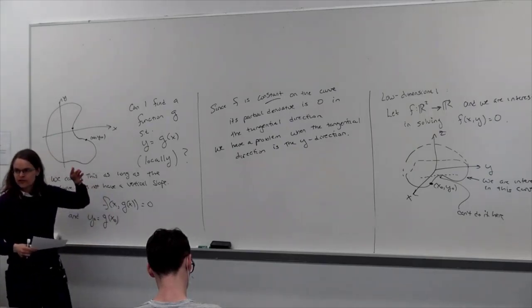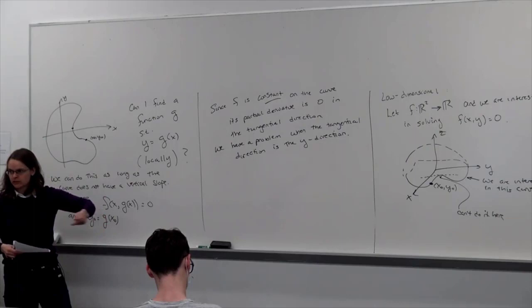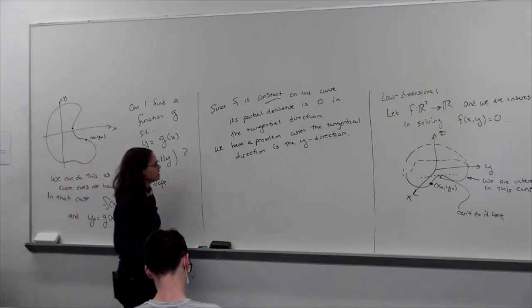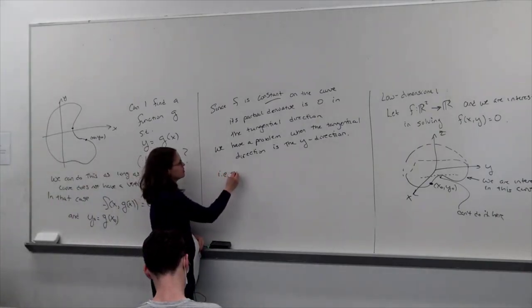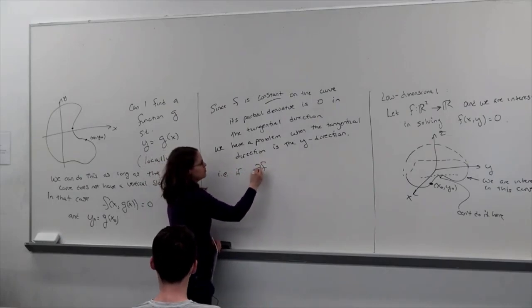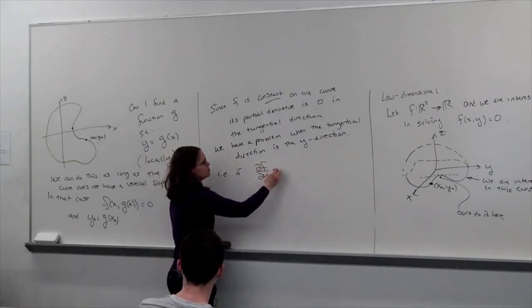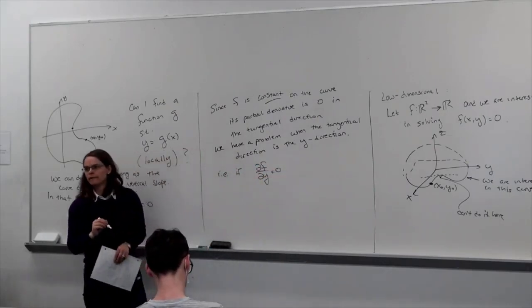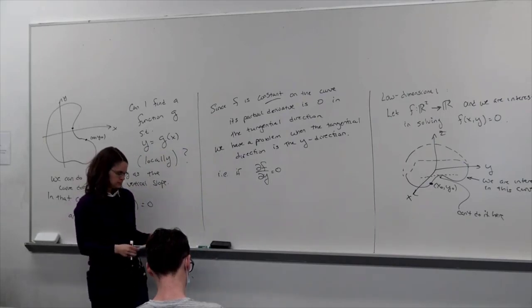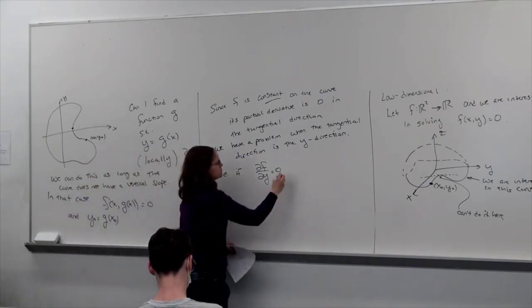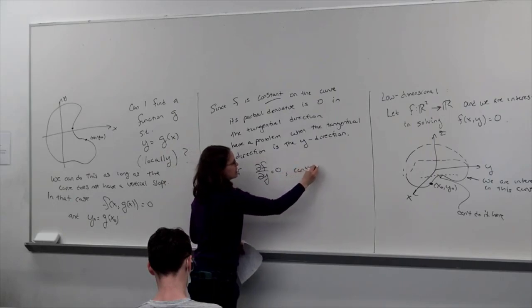It means that if I travel in the y direction, my function is constant locally. So another way of saying that is if df by dy is 0, we're in trouble. Then we can't solve for y.